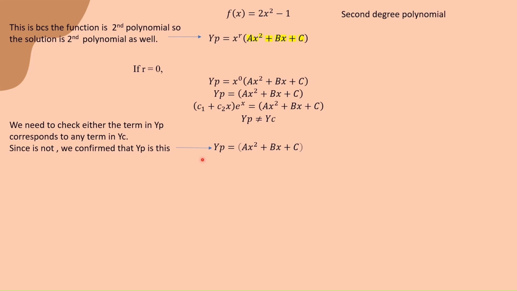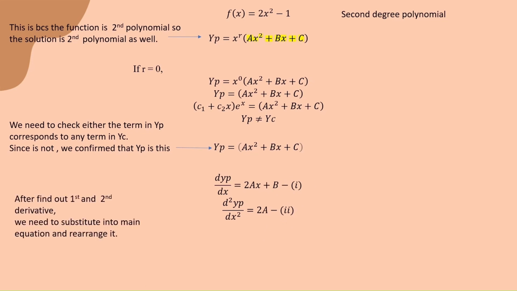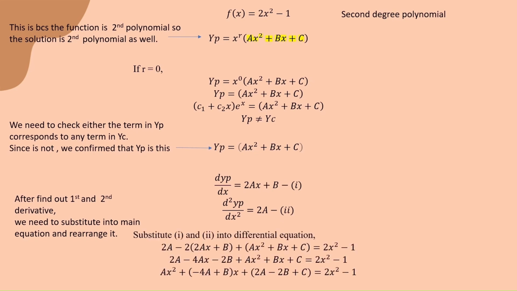Since there is not, we confirm that yp is ax squared plus bx plus c. After that, we need to differentiate yp into the first derivative and second derivative, and then we label them as the first and second equation. After finding the first and second derivative, we substitute into the main equation and rearrange it. After rearranging, we will get this equation.